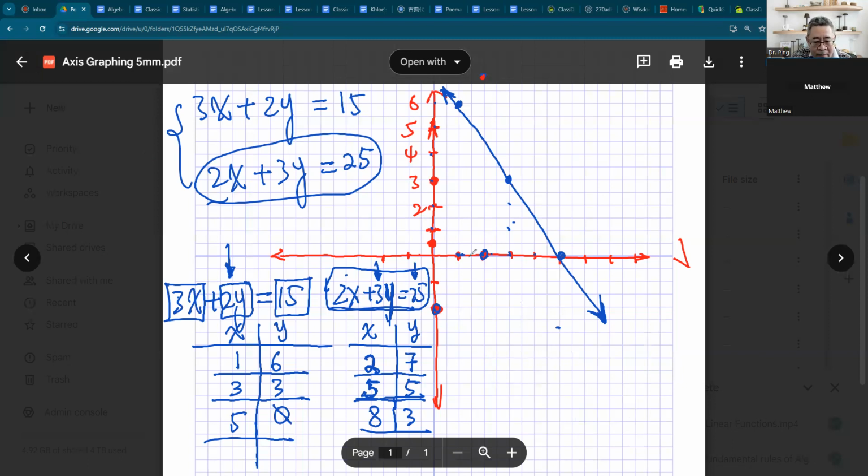Okay, 5, 5: 1, 2, 3, 4, 5 will be that. And 8, 3. Unfortunately, in this case, they are going to intercept up there. It's kind of outside of the graph.